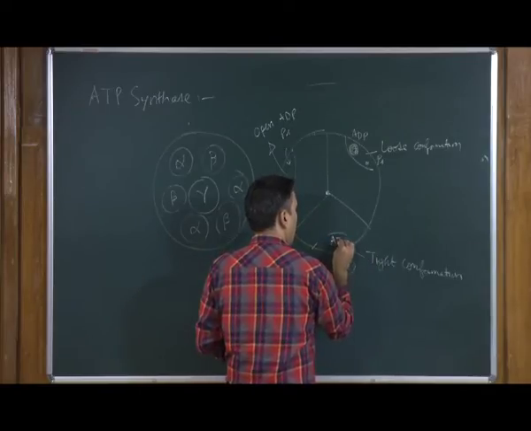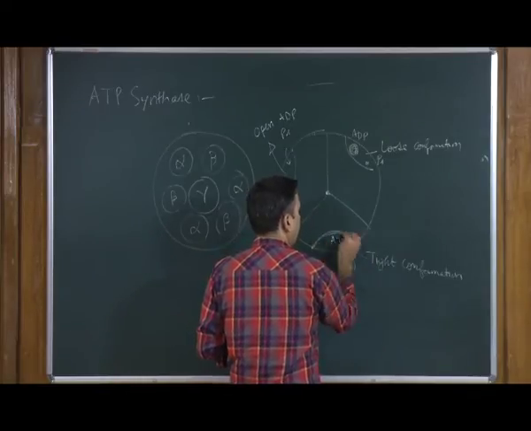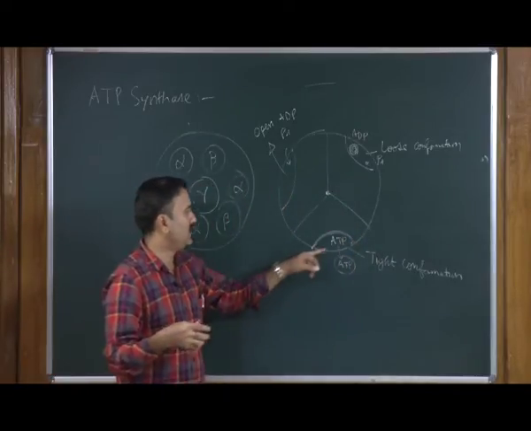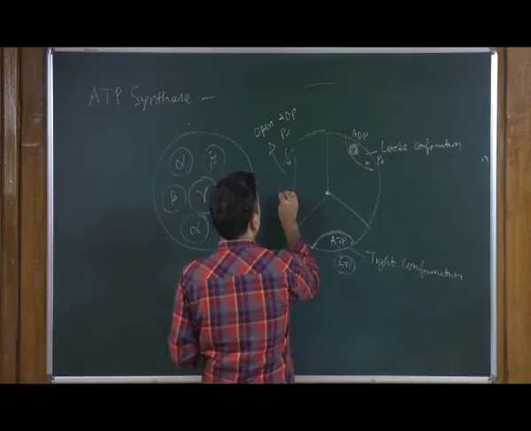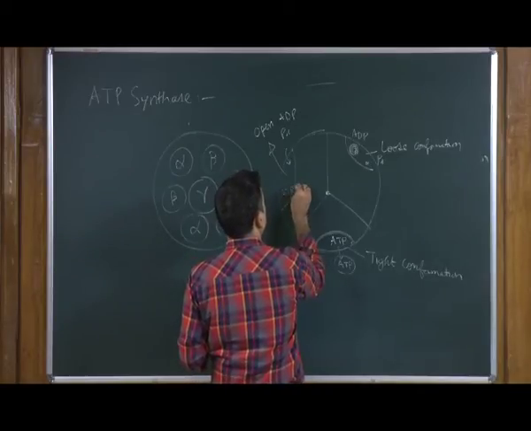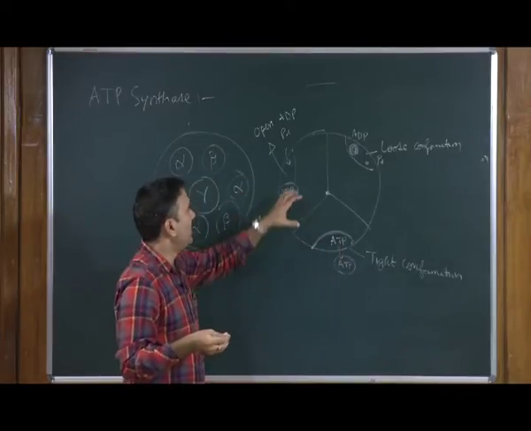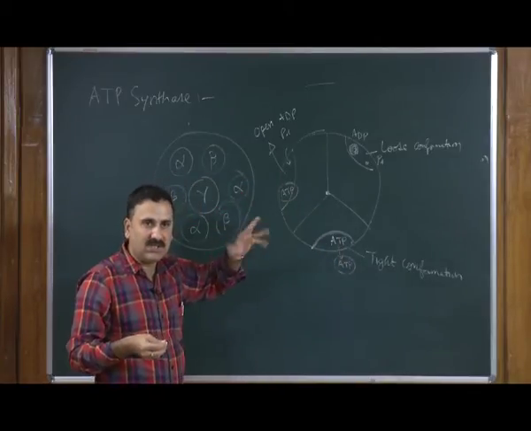As soon as the ATP is generated, again the gamma chain induces a conformational change, and because of that the ATP which is bound very tightly in the tight conformation, the active site changes its conformation.